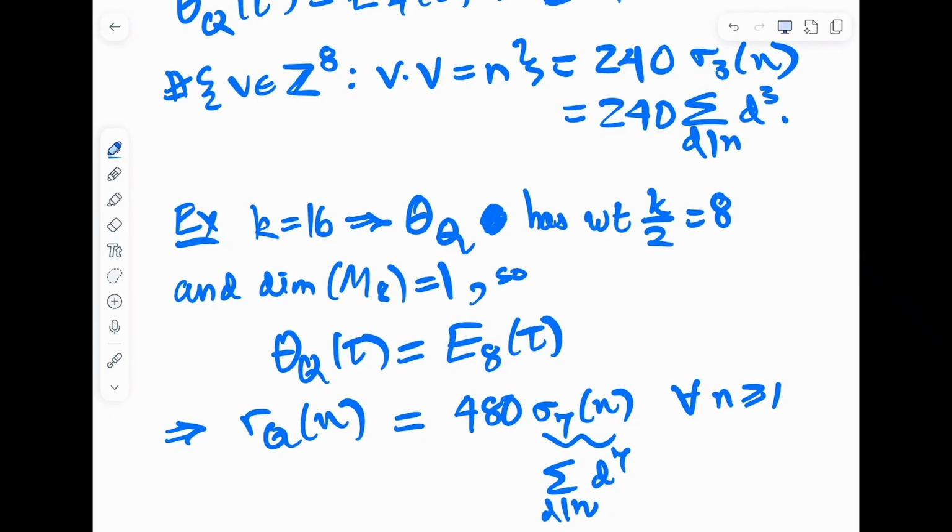So remember I had said that John Milnor had found 2 examples of quadratic forms that you could not link to each other by an invertible integral change of variables, yet they had the same representation numbers for all n.